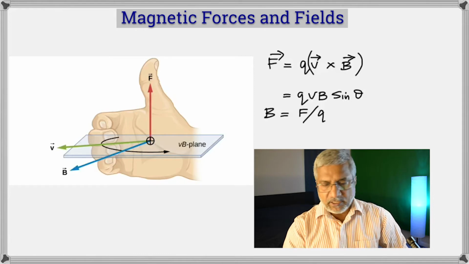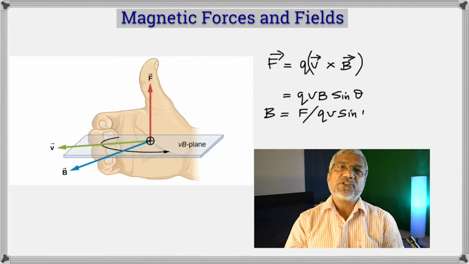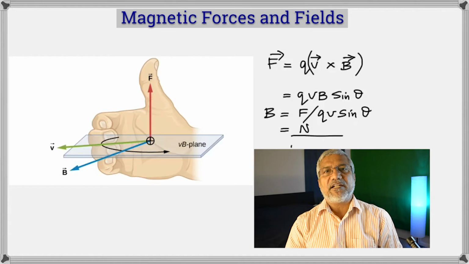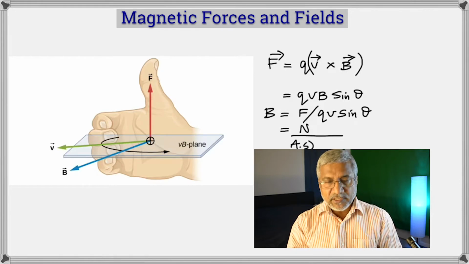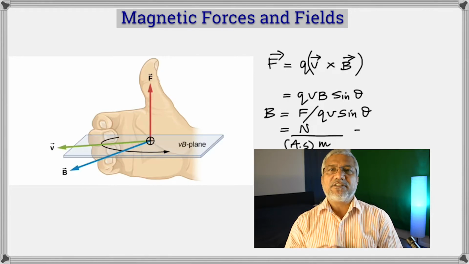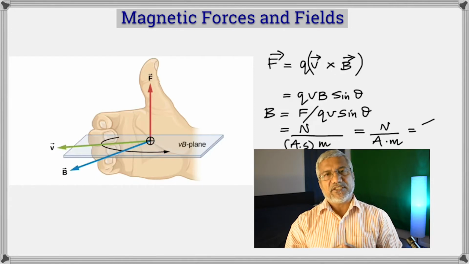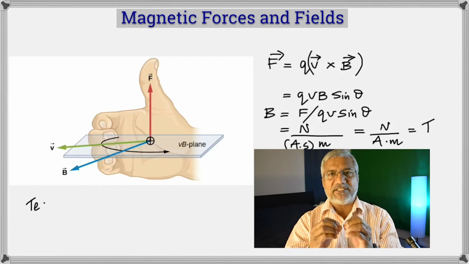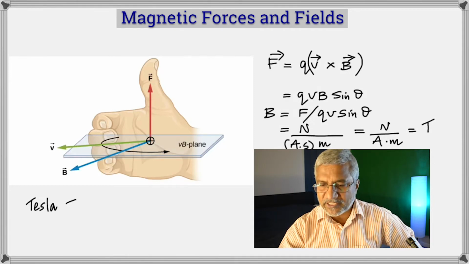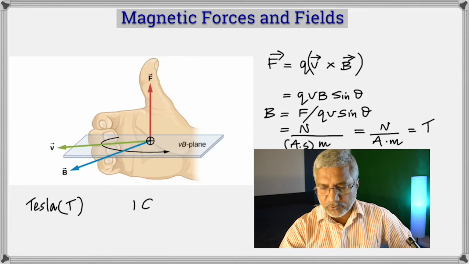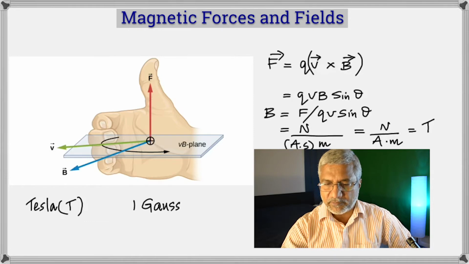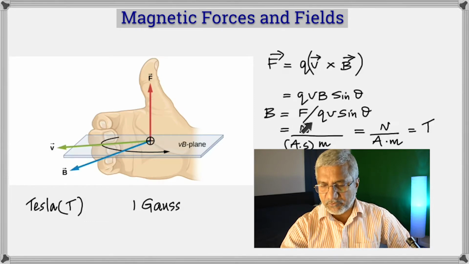So this formula helps us define the unit of magnetic field. In the International System of Units, magnetic field is not a basic unit because it's always defined in terms of current. You can see that if you rearrange this, B is F by QV sine theta.